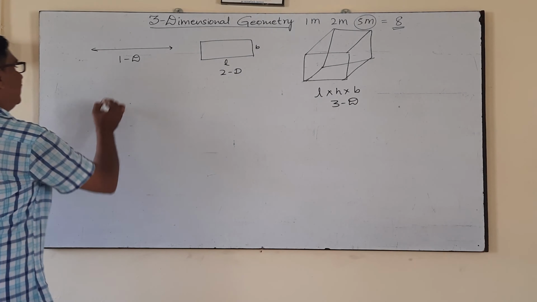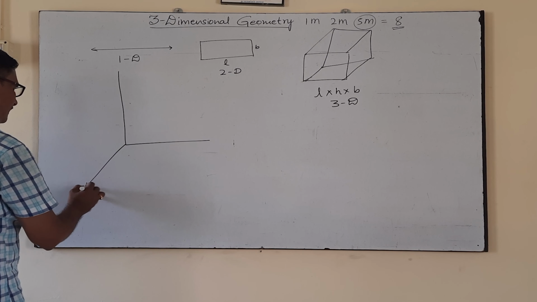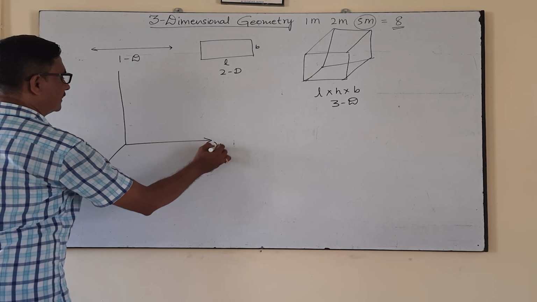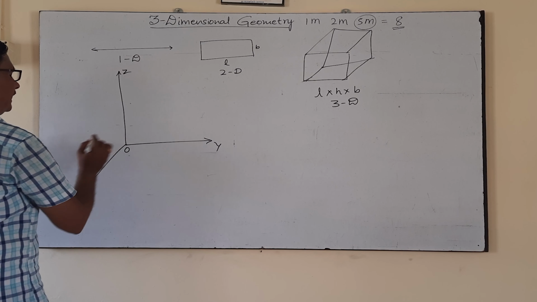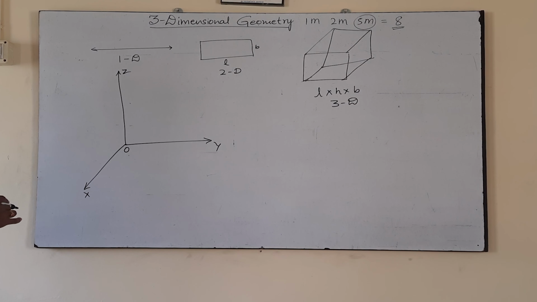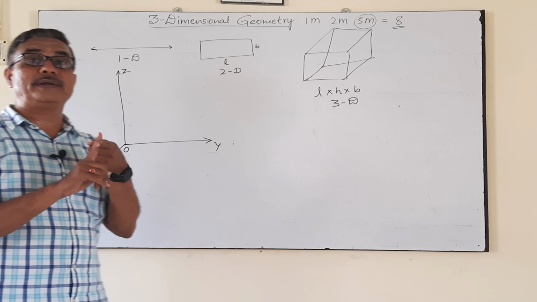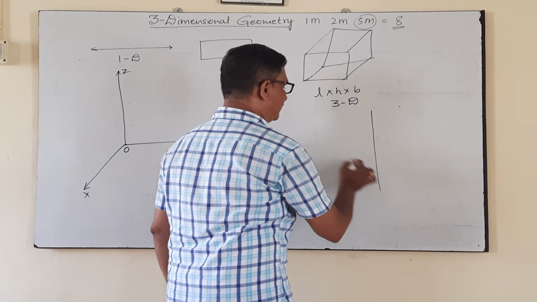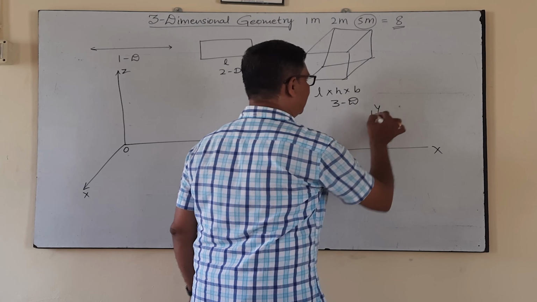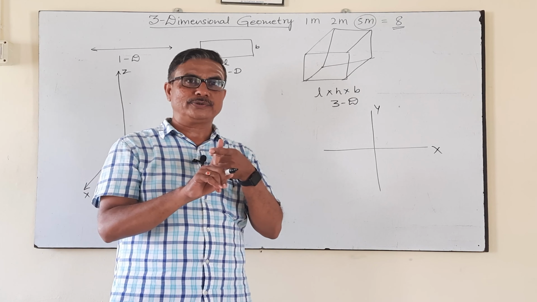Okay. Now here consider three axes, namely x-axis, y-axis and z-axis. These three axes meet at a point, origin O. Now clearly these three axes are mutually perpendicular to each other. As you know, if you take two axes, x-axis and y-axis, observe it. Clearly these two axes are perpendicular to each other.